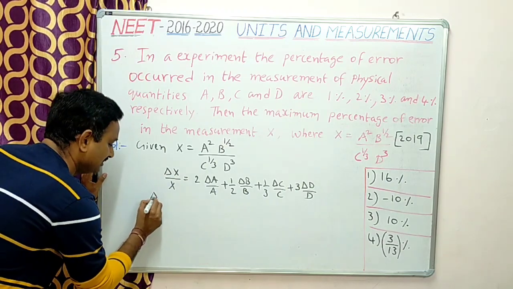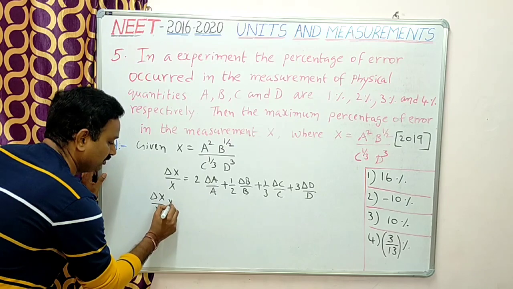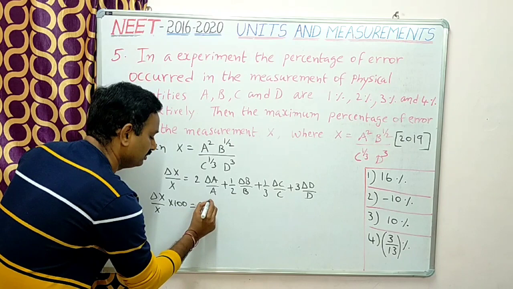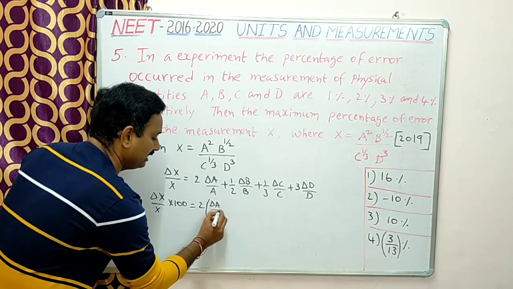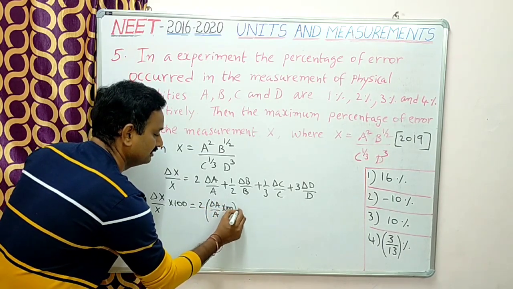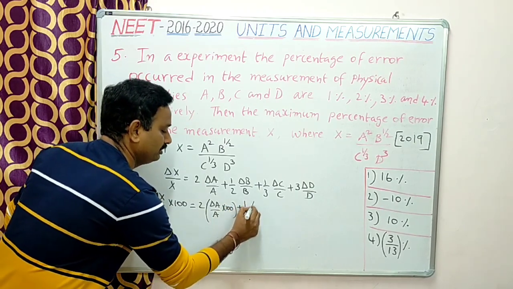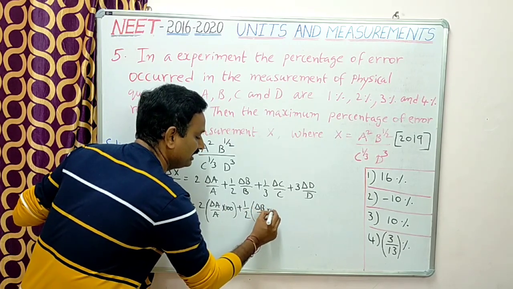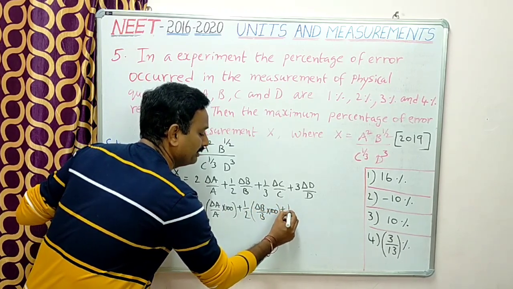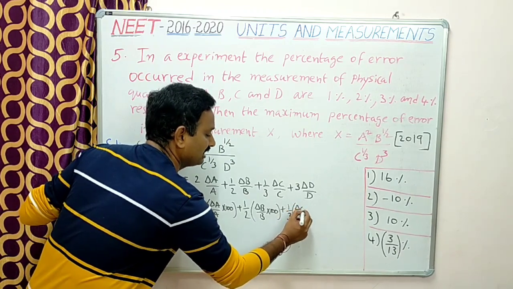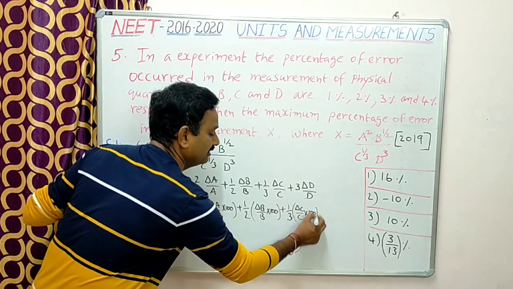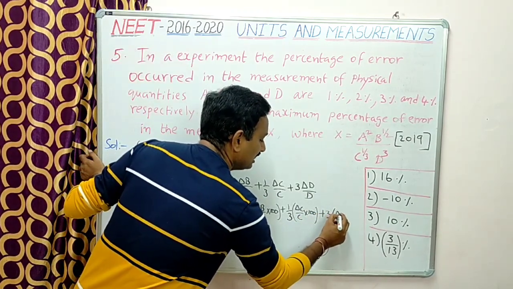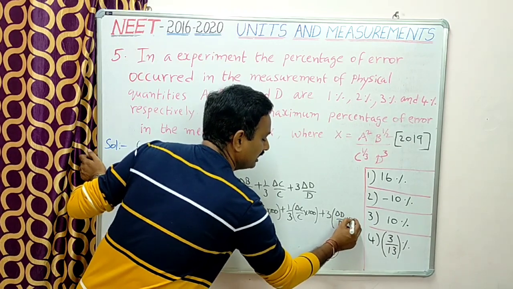That is delta X by X into 100 is equal to 2 into bracket of delta A by A into 100 plus 1 by 2 into bracket of delta B by B into 100 plus 1 by 3 into bracket of delta C by C into 100 plus 3 into delta D by D into 100.